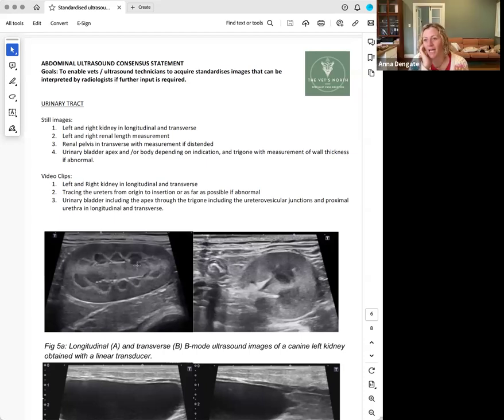So stones that form in the calyces pretty much get too big to go anywhere pretty uniformly. So if they form in the calyces, they'll cause an obstruction early. And if they've formed in the calyces and haven't caused any obstruction, they're probably not a significant thing to worry about. And if there's no other stones anywhere else in the urinary tract, you can say, okay, I'm not going to chuck this dog on a urinary diet based on that finding.